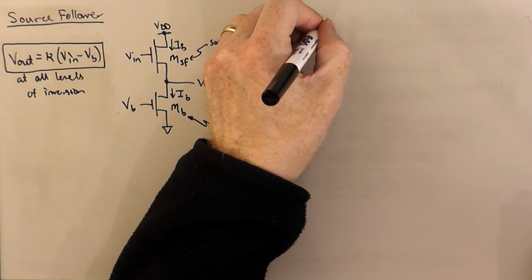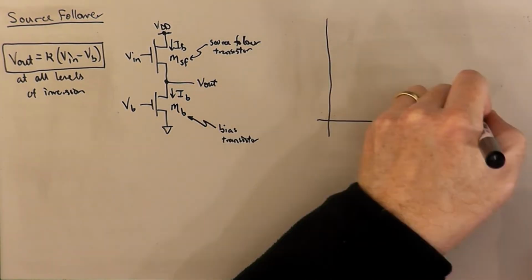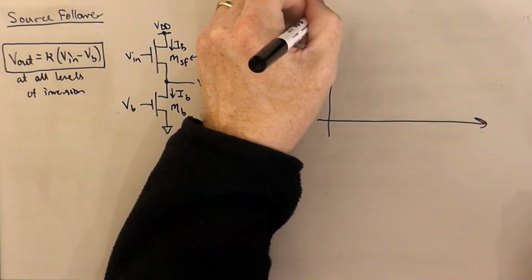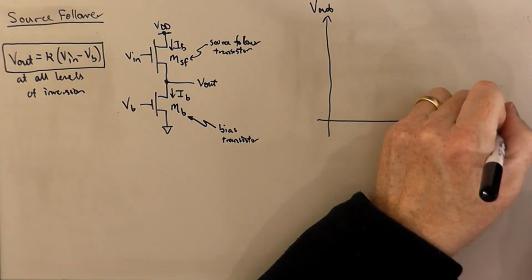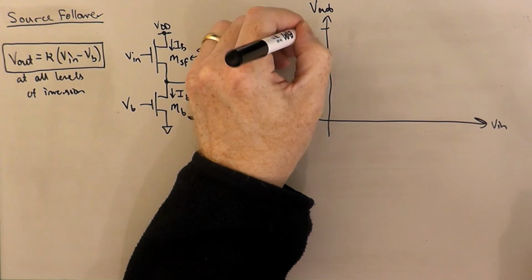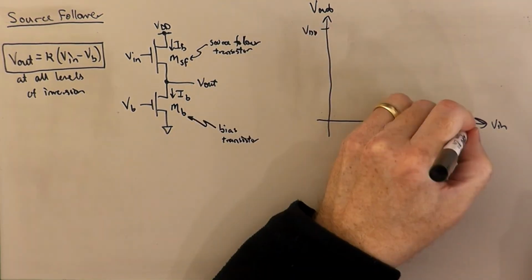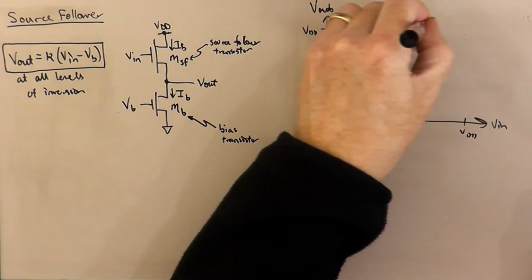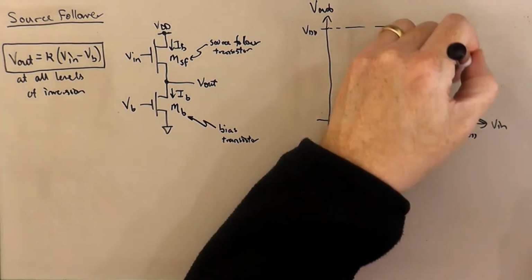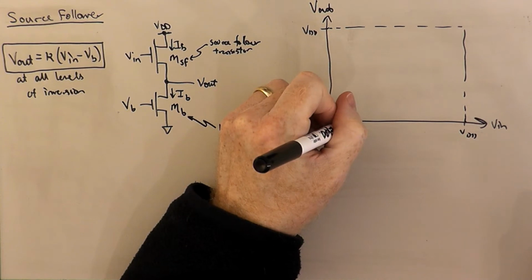And so if we were to sketch this, we'd have a plot of Vout versus Vin. Here's VDD. Here's VDD. And let's say this is VB.